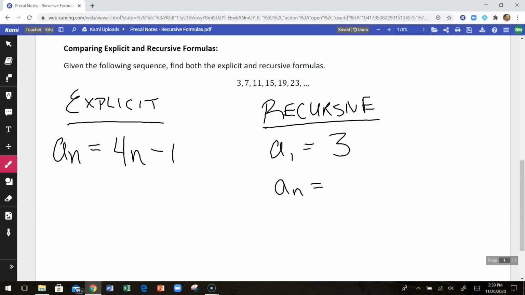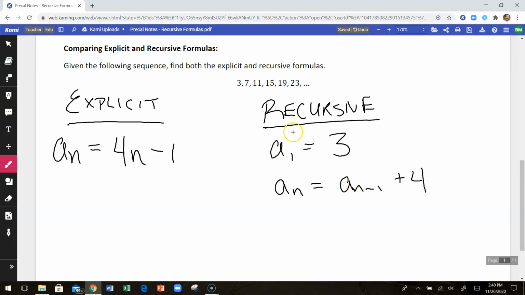Well, with recursive formulas, you're just looking at what you are doing to get to the next term. I'm just adding 4, right? So the way I'm going to say this is take the term before it, which is a sub n minus 1, and then add 4 to that. A sub n minus 1 plus 4 is going to give me the next term.